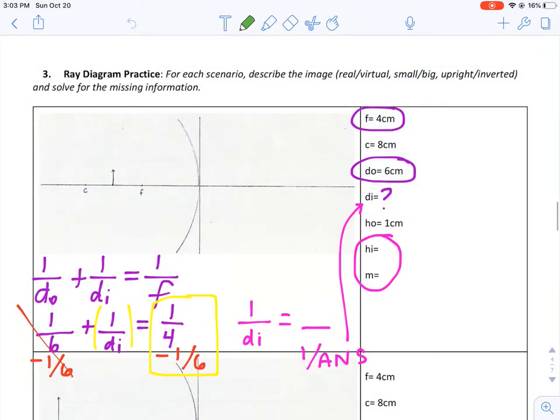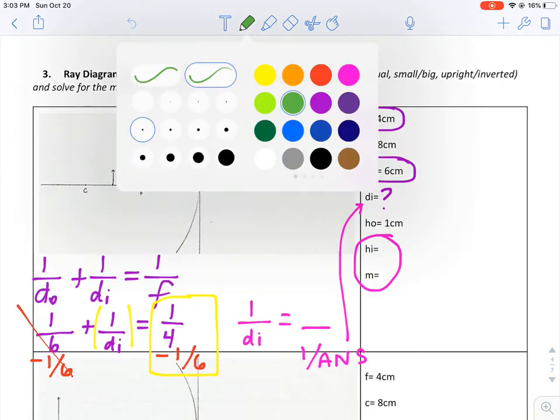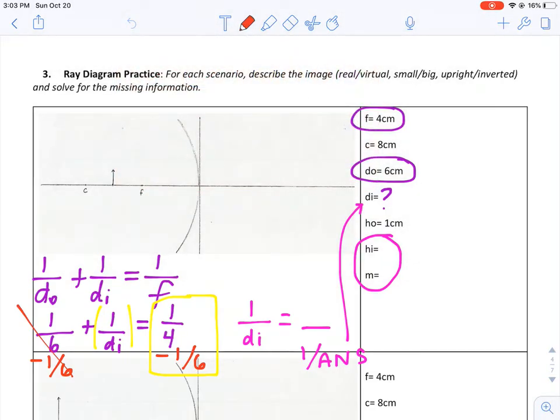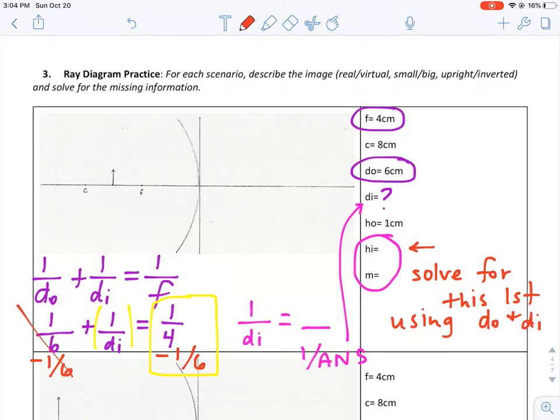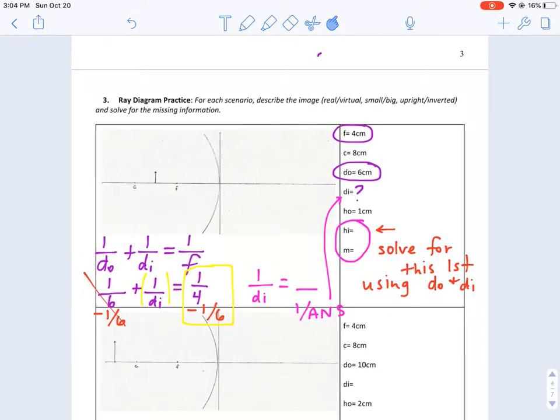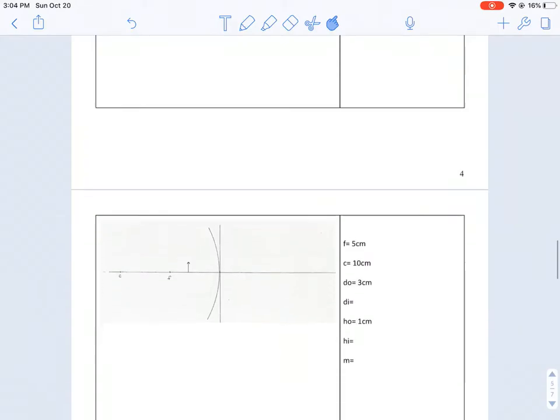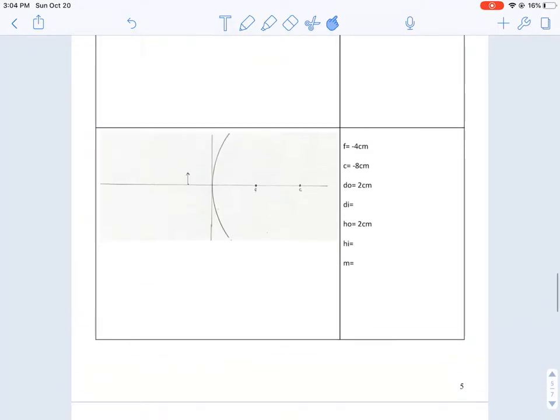So, for the problem set, in order to solve for height, you have to solve for magnification first, using your DO and your DI. Look at the key on the overview page. It will show you all the answers for all of these different problems.